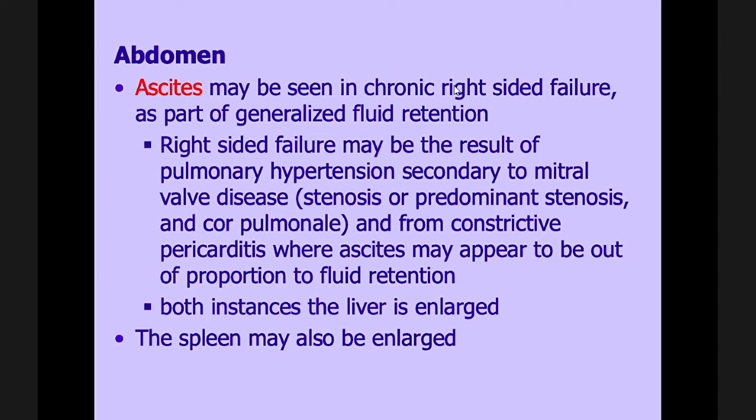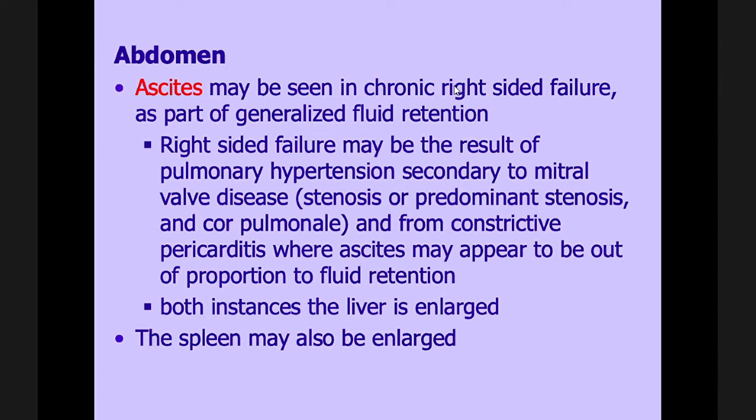In right-sided failure, this may be the result of pulmonary hypertension, secondary to a mitral valve disease like mitral stenosis, or as I mentioned earlier, from cor pulmonale. Constrictive pericarditis also may present with ascites, and this appears to be out of proportion to fluid retention.